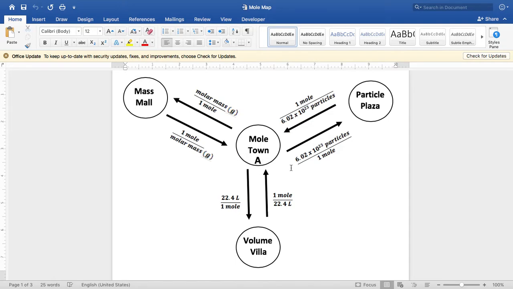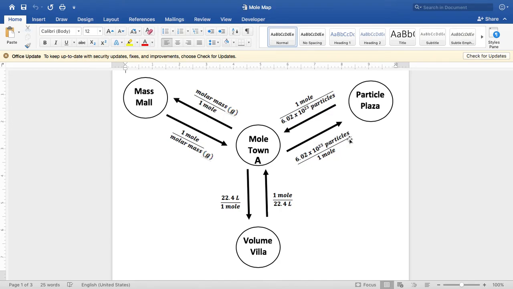Okay? I want to look at Particle Plaza. So it works in a very similar fashion. You can go from Mole Town to Particle Plaza. Now, why would you want to go to Particle Plaza? Well, you could be asked about particles. You could be talking about atoms. You can be talking about molecules. So if you ever see one of those, particles, atoms, molecules, you're going to go to Particle Plaza. So if I was going from Mole Town to Particle Plaza, I would take this route, follow this arrow, and I would use this conversion factor.